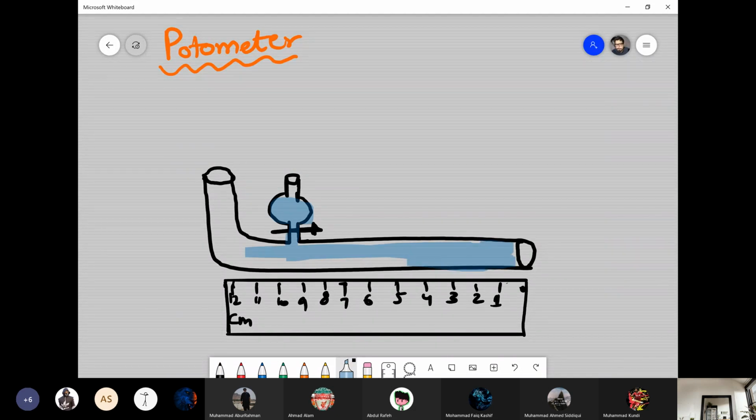Let's suppose that we have filled the potometer like this, with the help of water. Next step, we will place a shoot with branches over here.